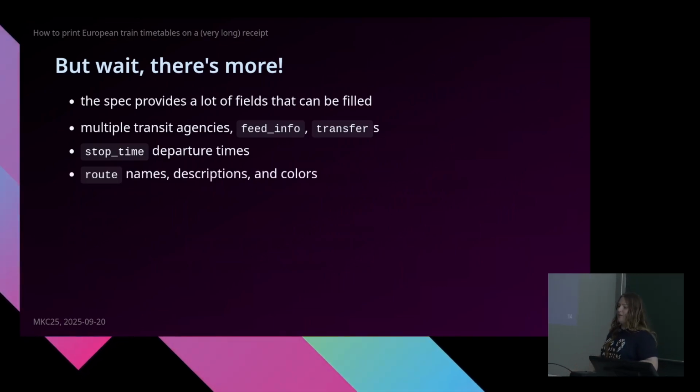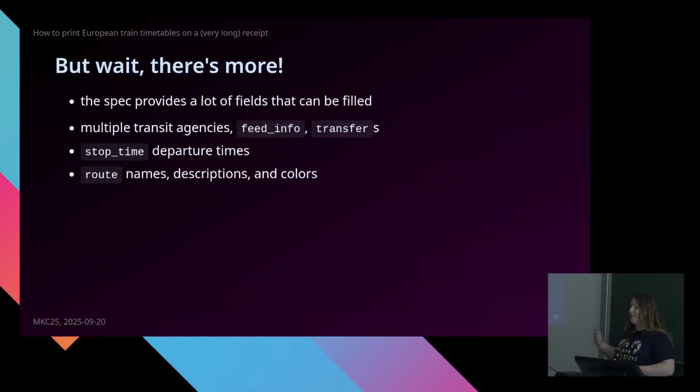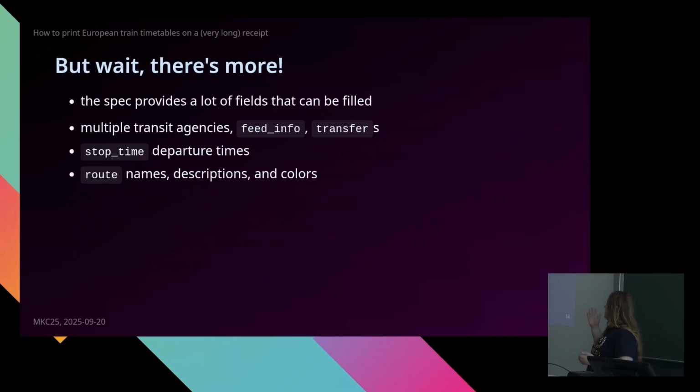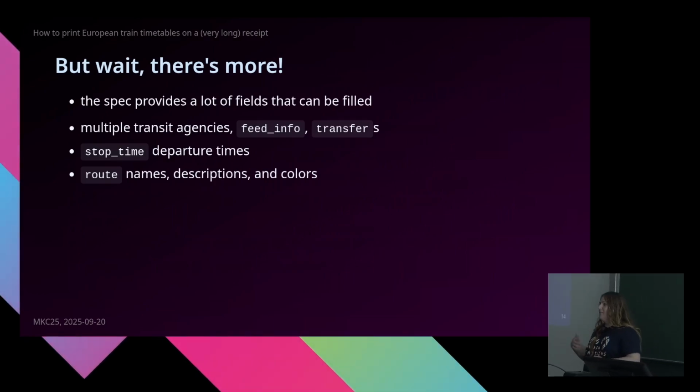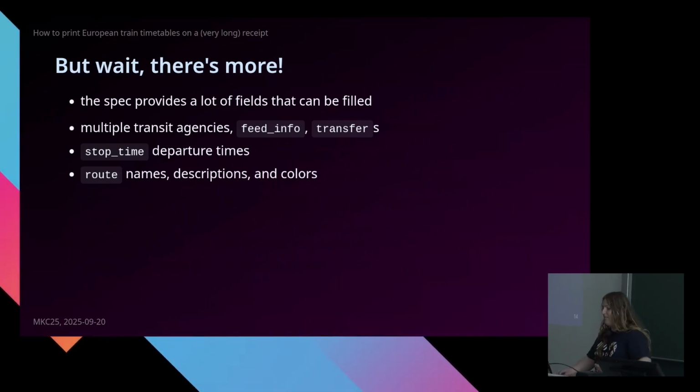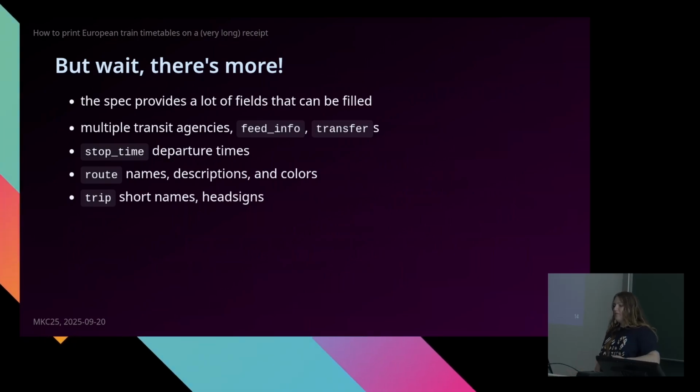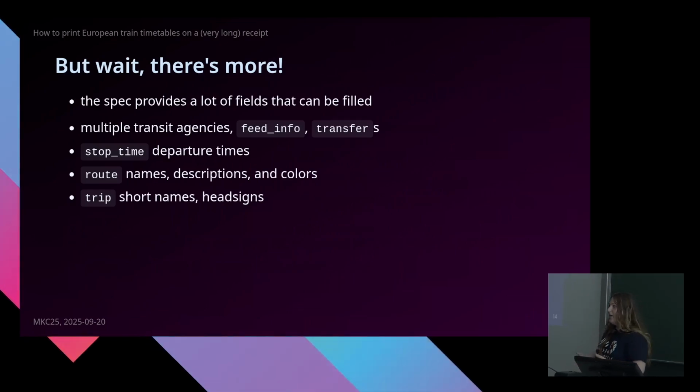We also have more passenger-friendly descriptions of routes. They allow defining colors and descriptions, which is kind of better because it's supposed to be reflecting what's in the timetables as information. There's also short names and head signs, which is additional information for a trip.